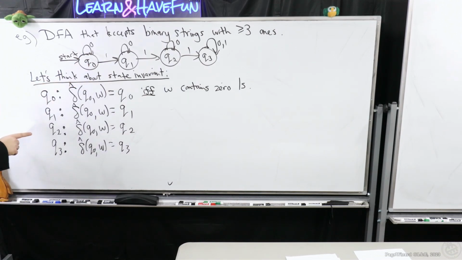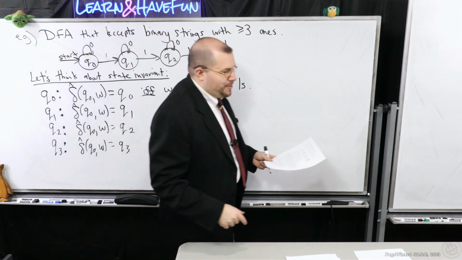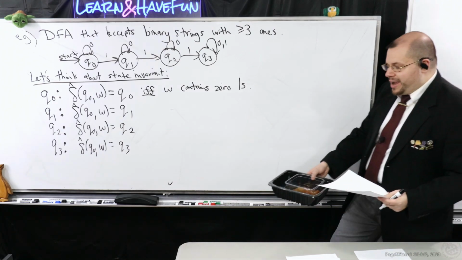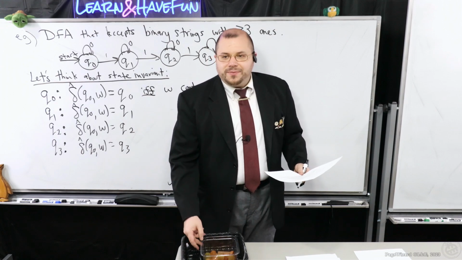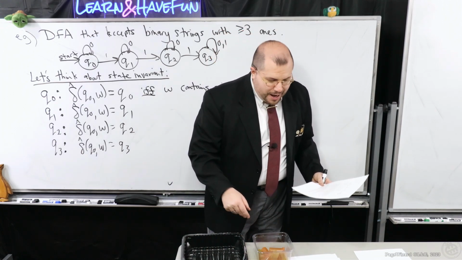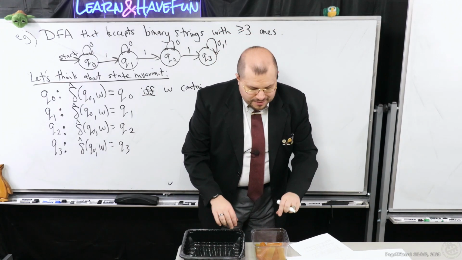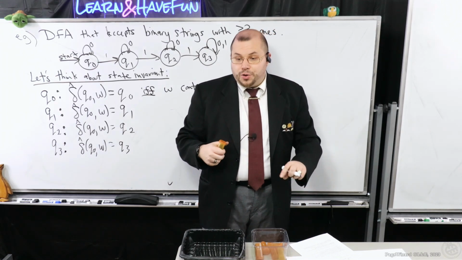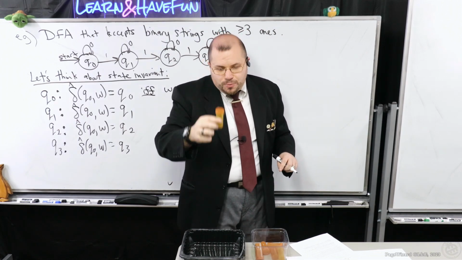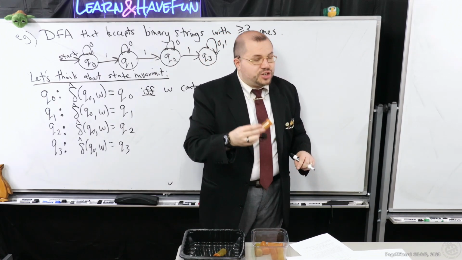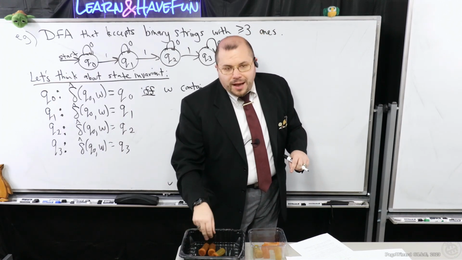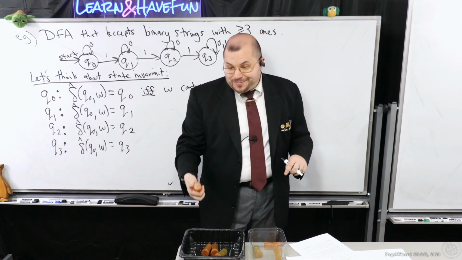Then next, let's look at Q1. Now I want to bring up something really important for us to talk about. This comes back to our discussion about proving the correctness of a DFA and this idea of state invariants. When I have, for example, different numbers of ones that I've read, I could have no ones, at least one, at least 2 ones, at least 3 ones, or at least 4 ones, for example.